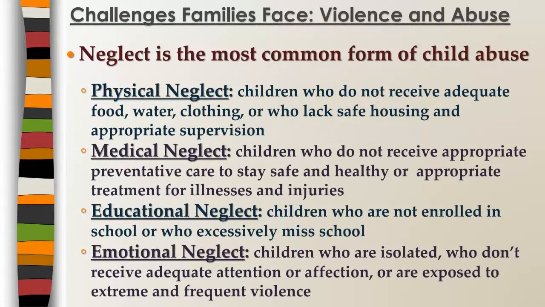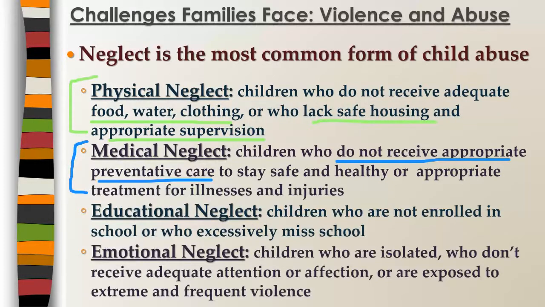Now, there are 4 different types of neglect, which again is the most common type of child abuse. So we have physical neglect, things like children who aren't receiving adequate food, water, clothing, the basics of life, who lack safe housing or appropriate supervision. Number 2, medical neglect, children who don't receive appropriate preventative care.